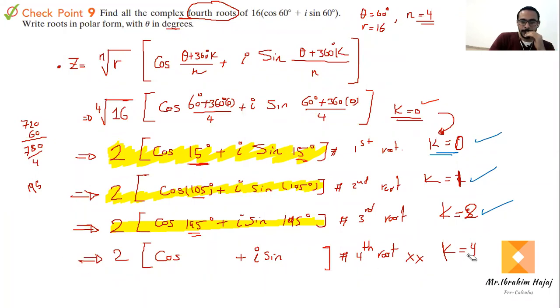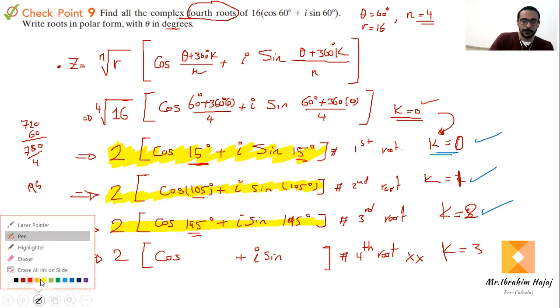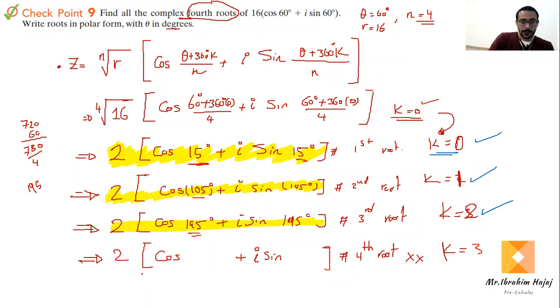Yeah, we simply substitute each time, first K equals 0, then 1, then 2, then 3, and so on. Okay, so I would like you, Omar, to do it here when K is 3, to plug in 3 for K up here in the formula to find the fourth complex root of this complex number. Yes.